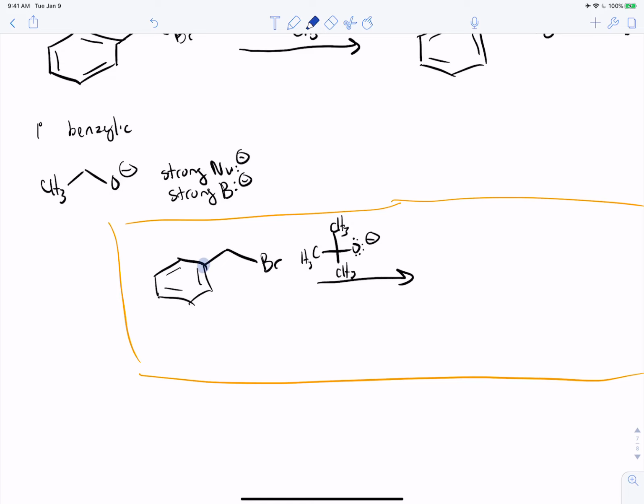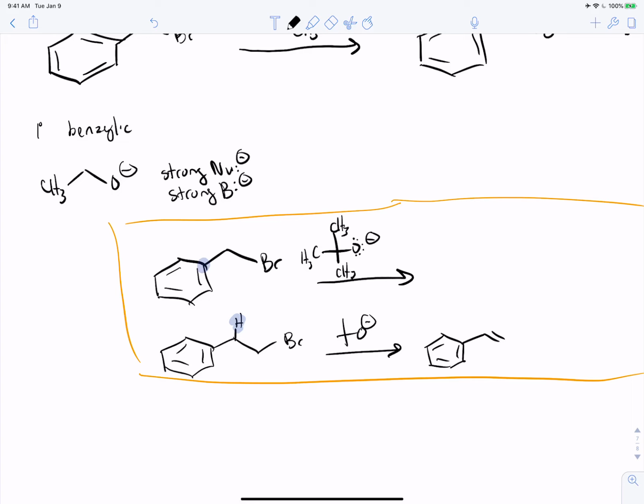If there were beta hydrogens here, for example, if I was using a different substrate, let's say I just put an extra carbon atom in, so now I've got a beta hydrogen there, that will go through E2 elimination with tert-butoxide, no problem.